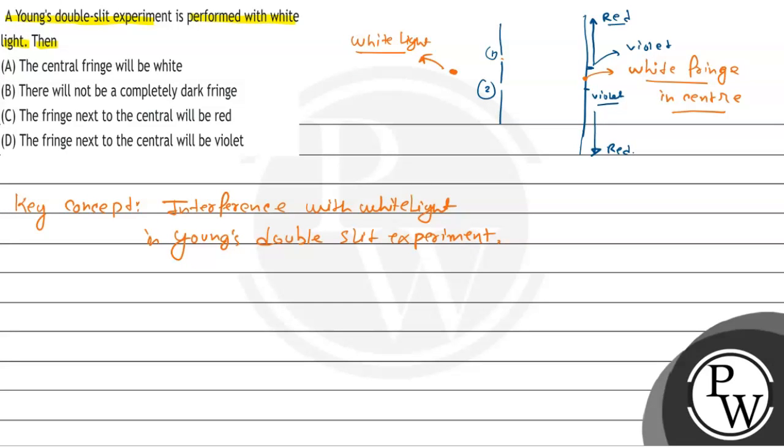Because let's say that y1, that is the distance of the fringes from the central bright fringe, is equal to n lambda D by d, right? Now we know that as we go from violet to red, that is VIBGYOR, the wavelength is increasing, right?